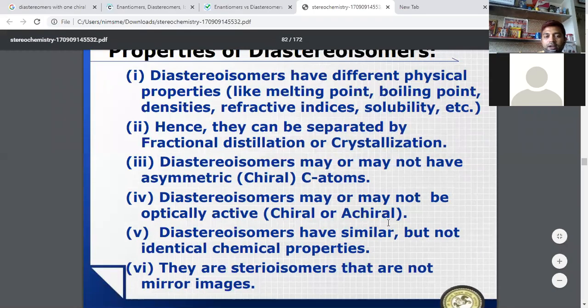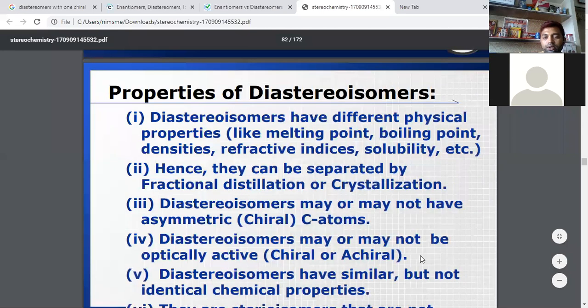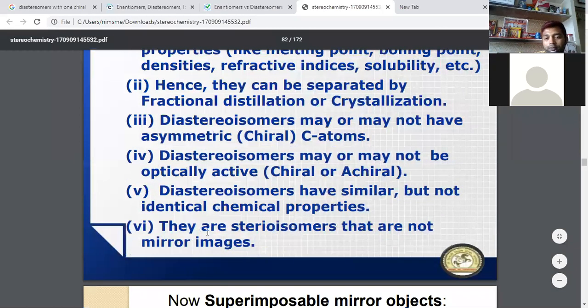Now, properties of diastereomers. Only 3 minutes are left, so we'll discuss it quickly. Diastereomers have different physical properties, so they can be separated by fractional distillation. Diastereoisomers may or may not have asymmetric chiral carbon atoms, and may or may not be optically active.